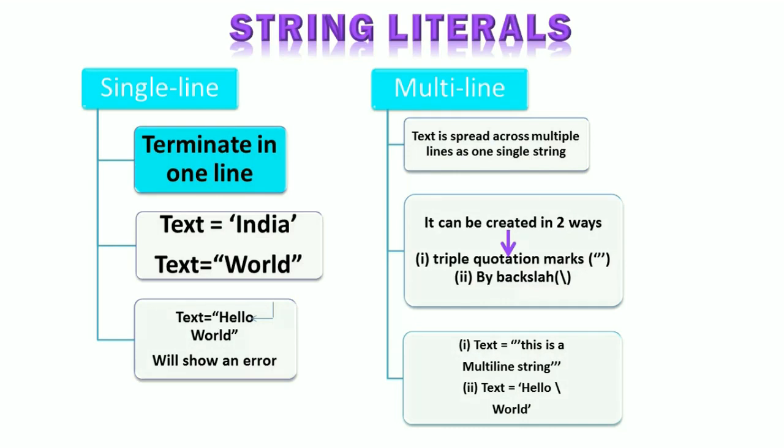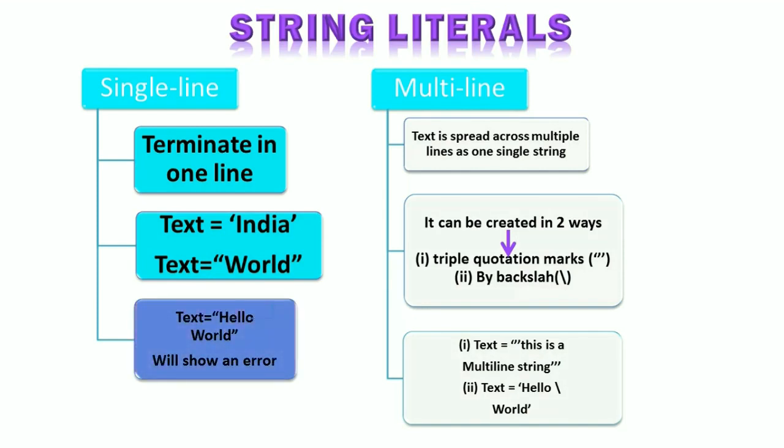For example, we can see here text equals 'India' in single quotes, text equals "world" in double quotes. If we try to include that string in multiple lines, then Python will show an error. In our example, we can see hello is written on the first line and world is written on the second line, but Python will generate an error.